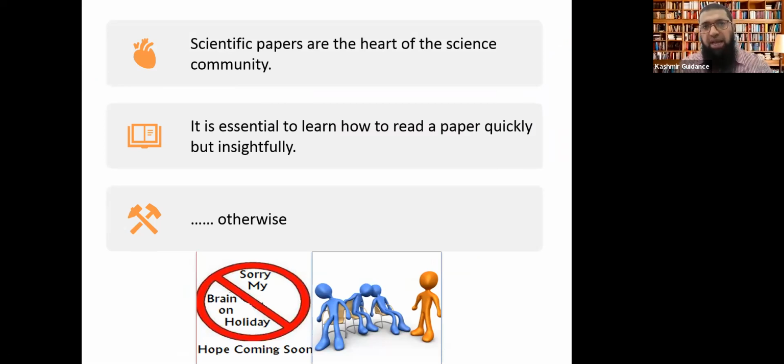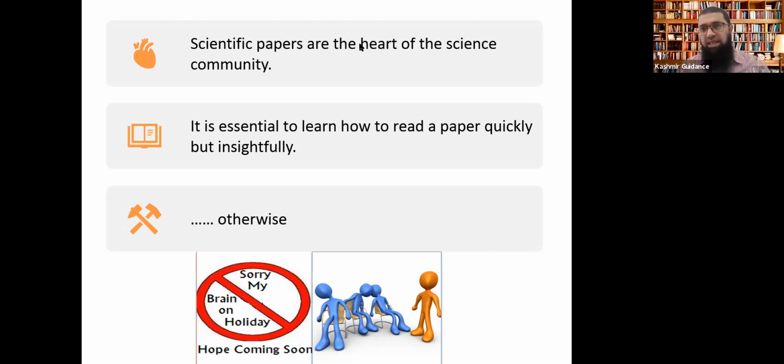We should know that scientific papers are the heart of the scientific community. So how do you know that you are a real scientist or that you are doing science? It depends upon how many research papers you have already written and how many you are going to write.